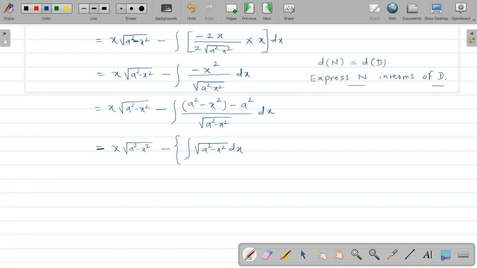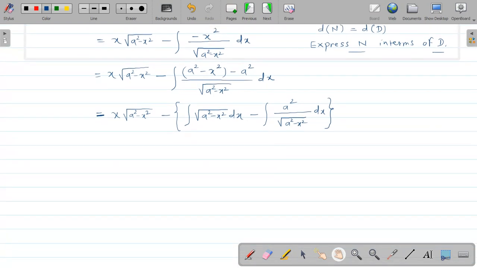See, a square minus x square upon root of a square minus x square, that will be root of a square minus x square dx. Then minus integration of a square upon root of a square minus x square dx, separating the denominator, also separating the integration. Okay, we get this step.